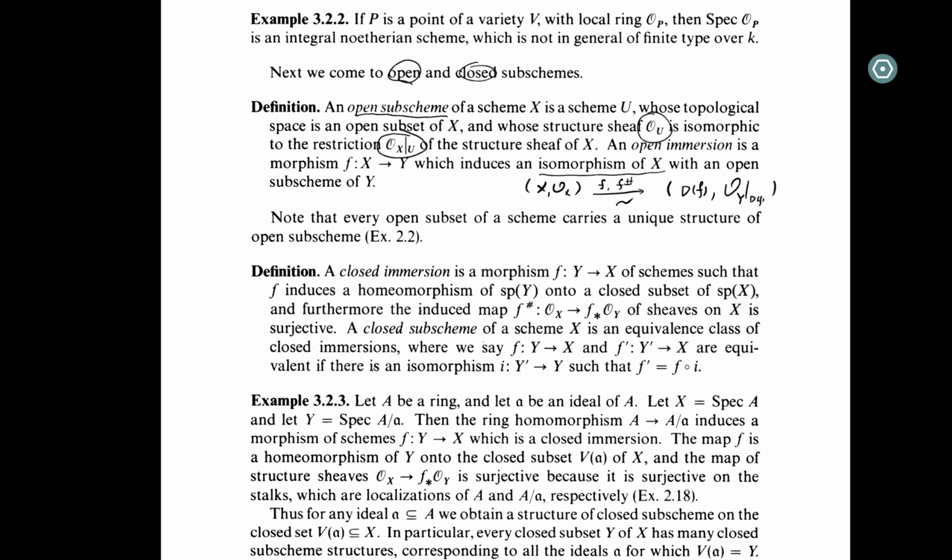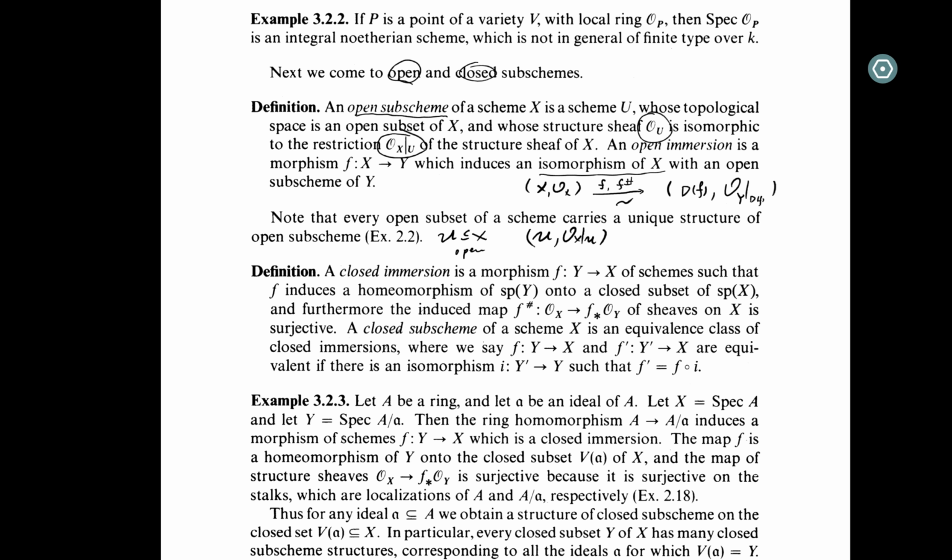Note that every open subset of a scheme carries a unique structure of open subscheme. The open subset of X carries a scheme structure, just this is a scheme structure.